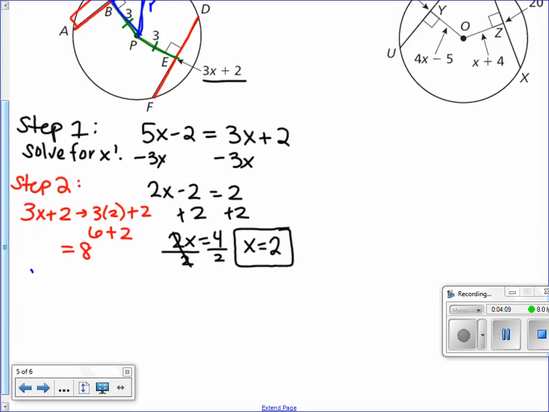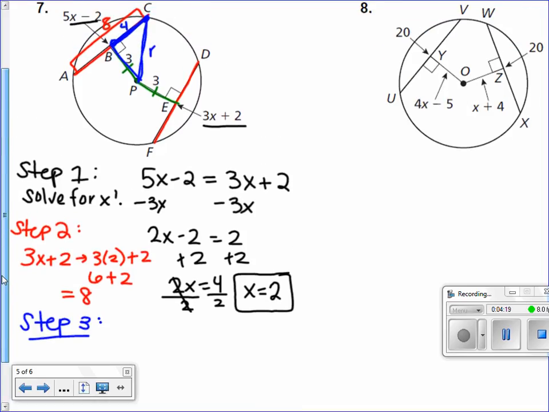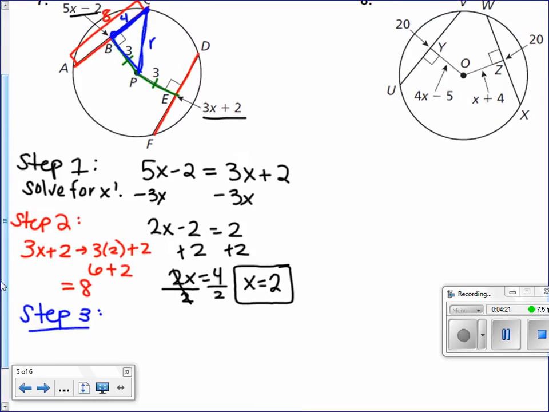And that's step 3. Step 3 is going to be your a squared plus b squared equals c squared. So here we go. 3 squared plus 4 squared equals r squared.